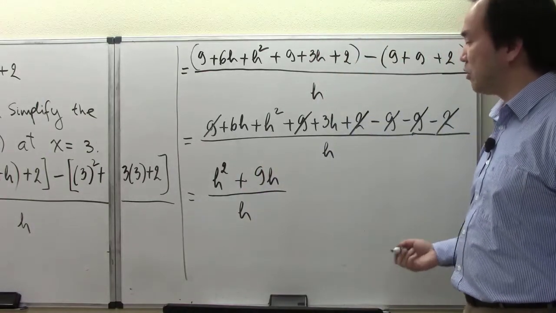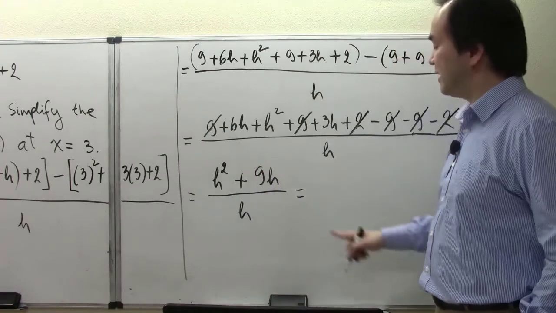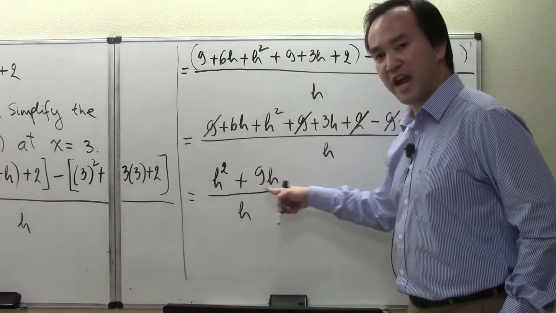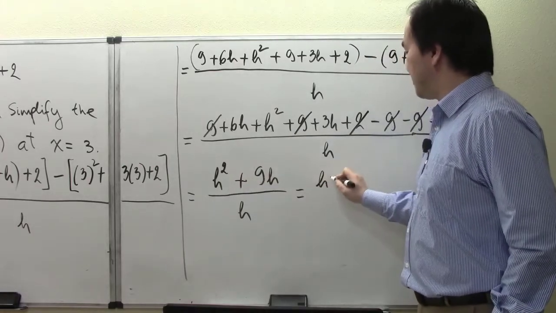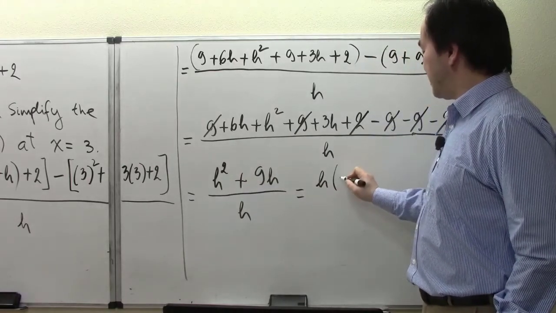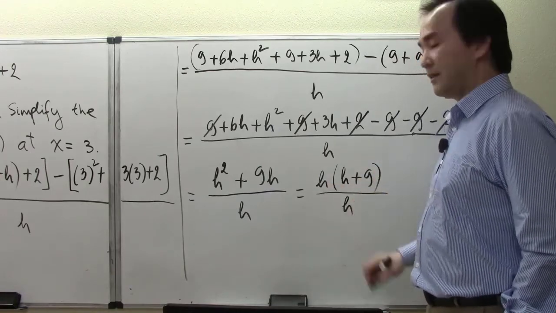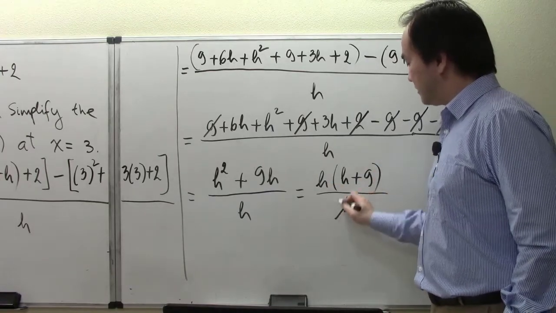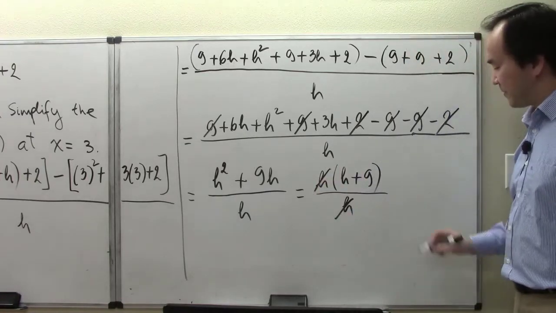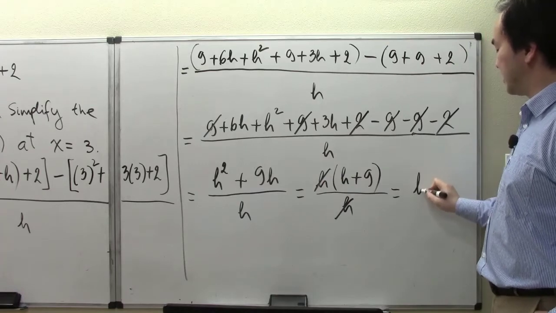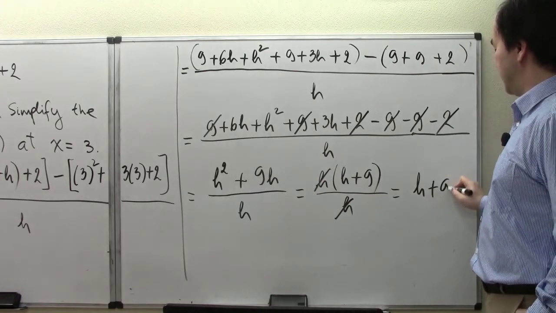And now we are ready for simplifying it further. So I'm going to go ahead and factor out a common factor h right here. So that makes it h in parentheses h plus 9 all over h. Okay, and so now we cancel the h's away, as a common factor. And so now my final expression here is h plus 9.